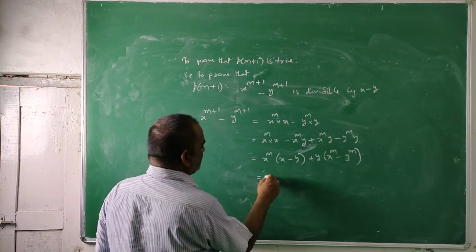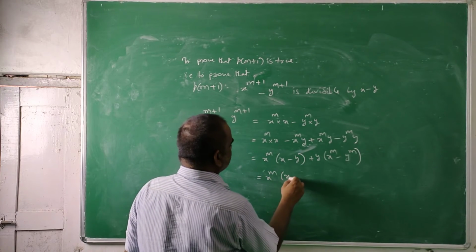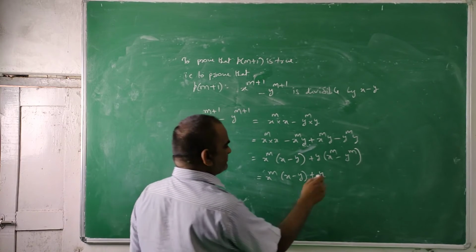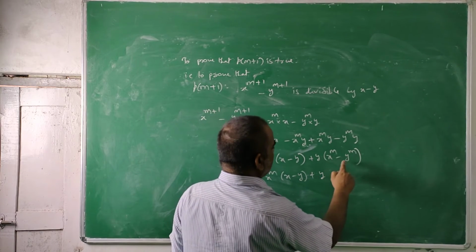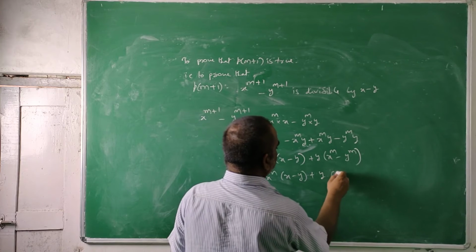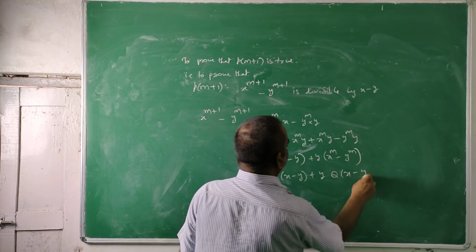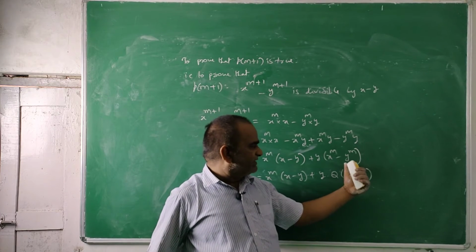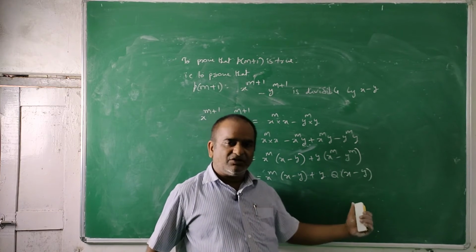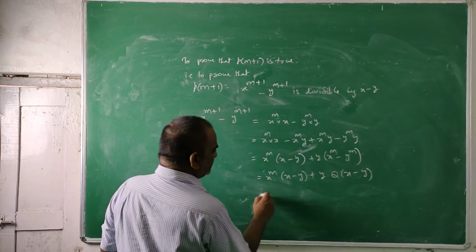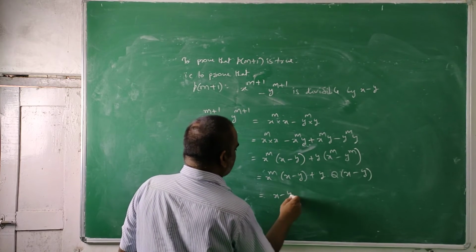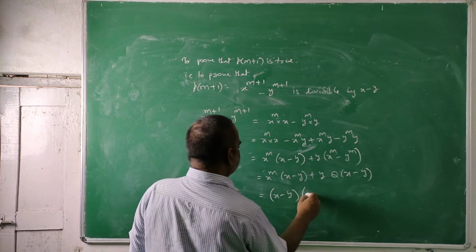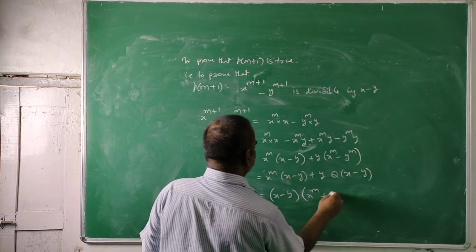Now x power m into x minus y plus y into, in the step B we have seen that x power m minus y power m is some q into x minus y. You check the step B, we have seen that x power m minus y power m is equal to q into x minus y. So now take x minus y common, then you get x power m plus qy.